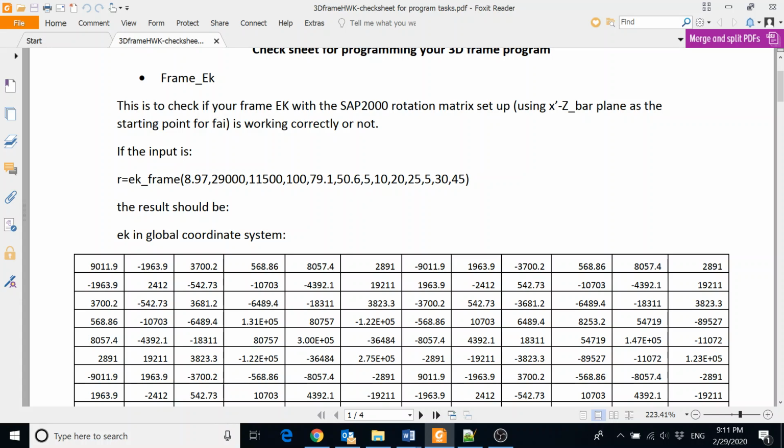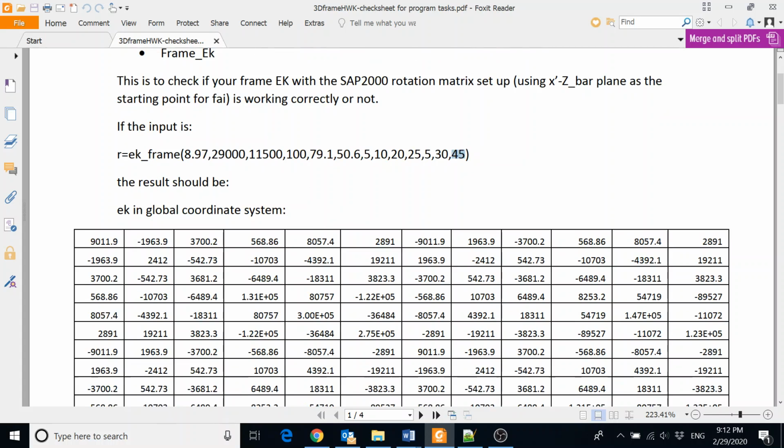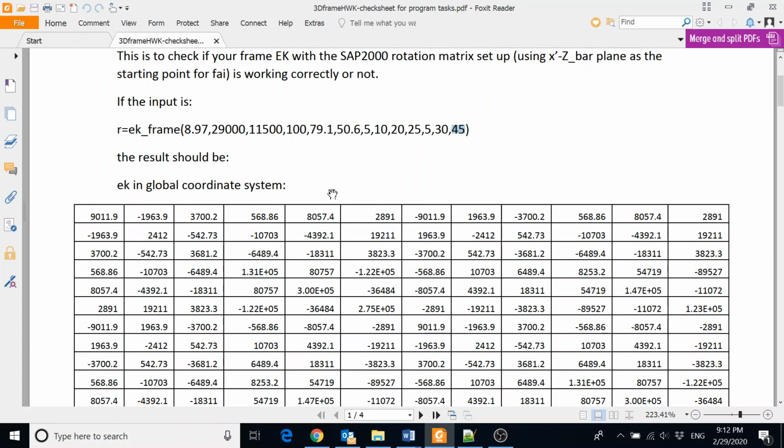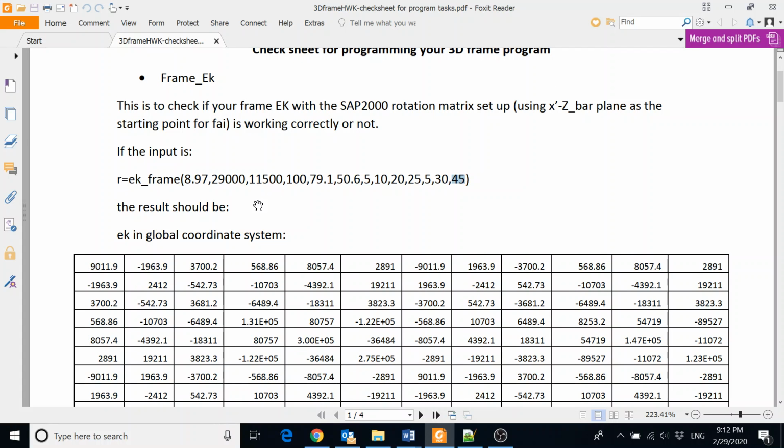Then you have the coordinates x1, y1, z1, x2, y2, z2, and then the angle rho. You might ask, what are the numbers? They're just some random numbers that I came up with. But if you input this, you should be able to get an EK in the global coordinates.